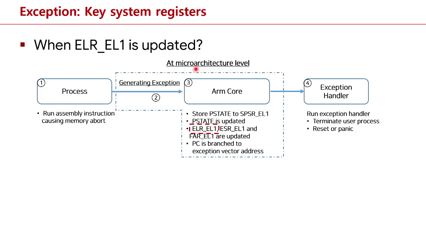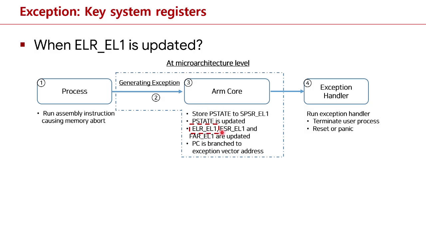The microarchitecture level means the operations that happen at the hardware level. That means it is impossible for us to see any assembly routine to see how this operation works. During this operation, as you can see, the ARM core updates several system registers. Among these, the ELR_EL1 register is updated.